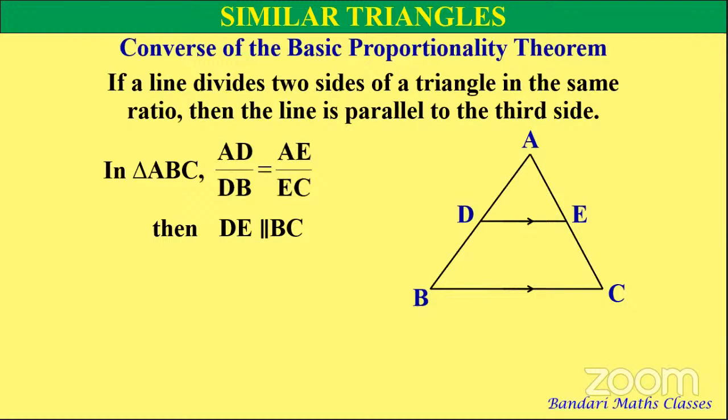This is the statement. If parallel is given, we write AD by DB equals AE by EC. If the ratio is given, we write DE parallel to BC. So this is the theorem, the converse of the basic proportionality theorem.